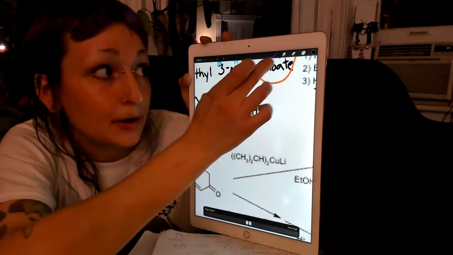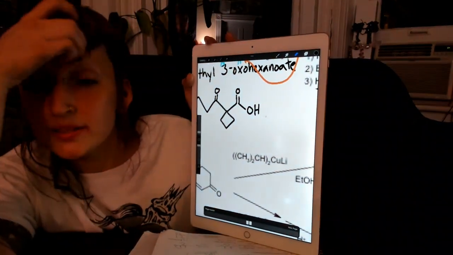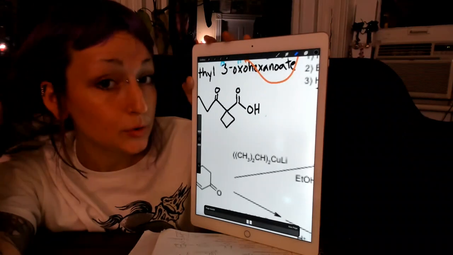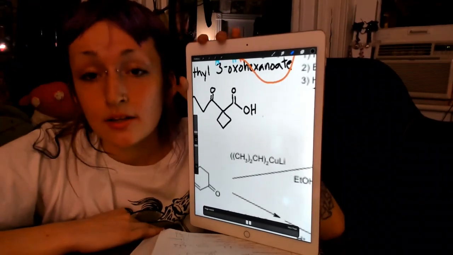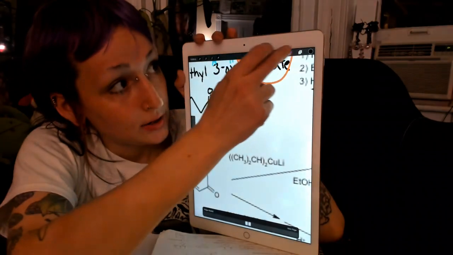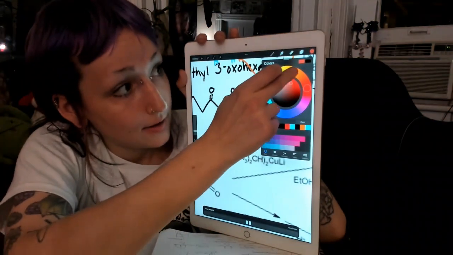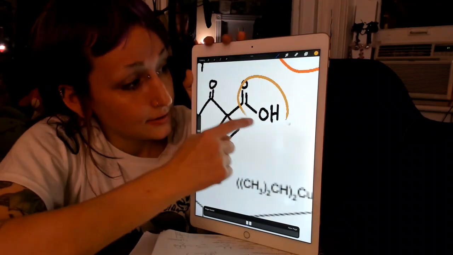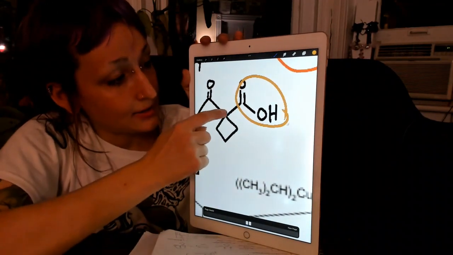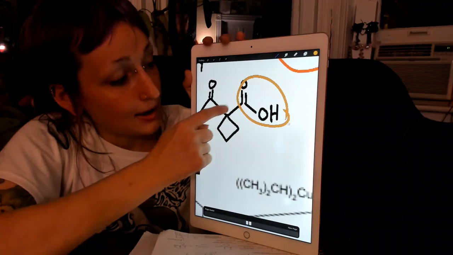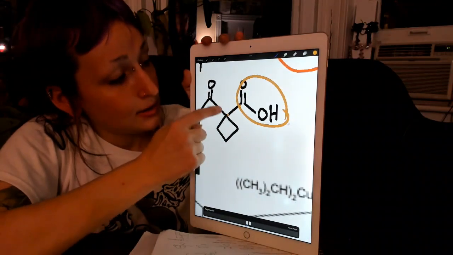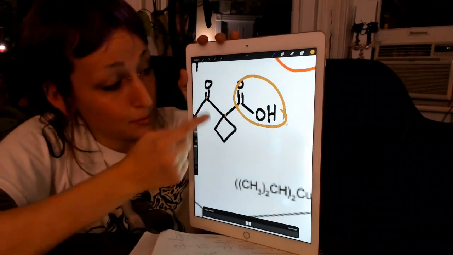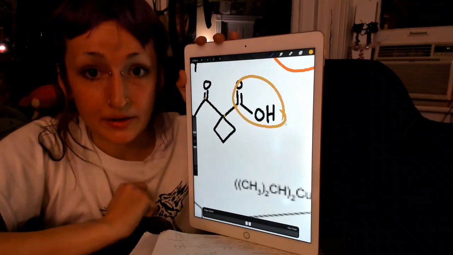And what's really easy about this, we see this in chapter 22, decarboxylation. It happens when you have a carboxylic acid right here that has a beta carbonyl to that carboxylic acid.